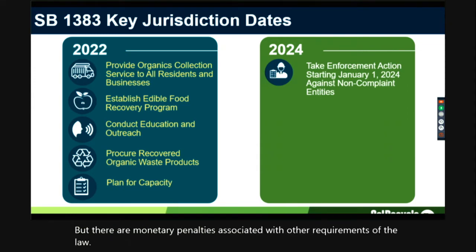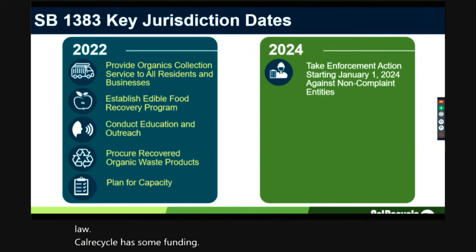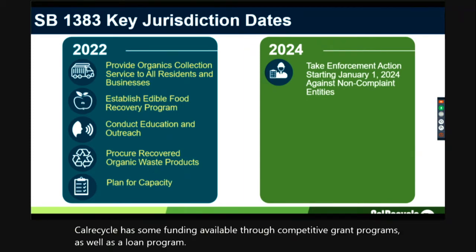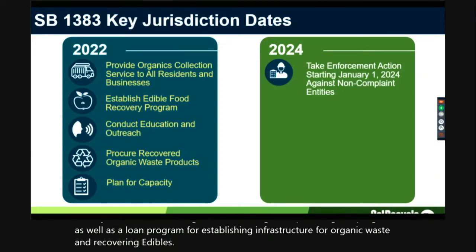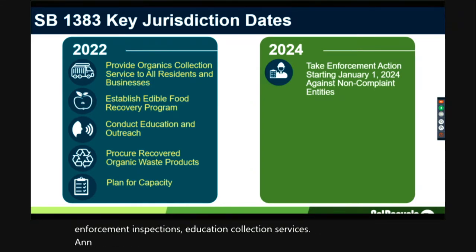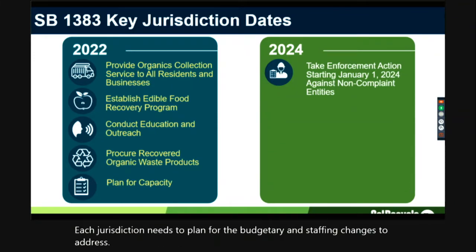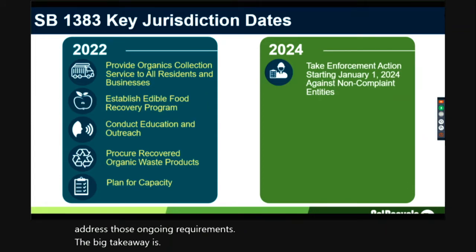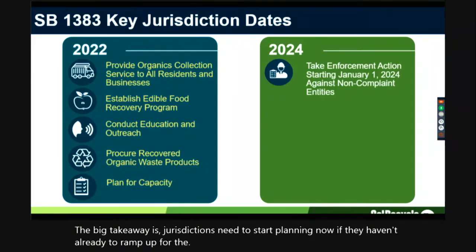CalRecycle has some funding available through competitive grant programs as well as a loan program for establishing infrastructure for organic waste and recovering edible food, but for programmatic activities such as enforcement, inspections, education, and collection services, each jurisdiction needs to plan for the budgetary and staffing changes to address those ongoing requirements. The big takeaway is jurisdictions need to start planning now, if they haven't already, to ramp up for the programmatic, staffing, and budgetary changes that are required by January of 2022.